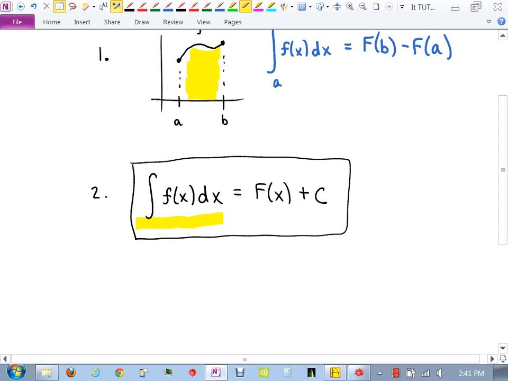So I think it's time to do some examples. All right? We're almost done. I know it's sad. Example. Find... So what am I asking you for? Just find the antiderivative of that, right?